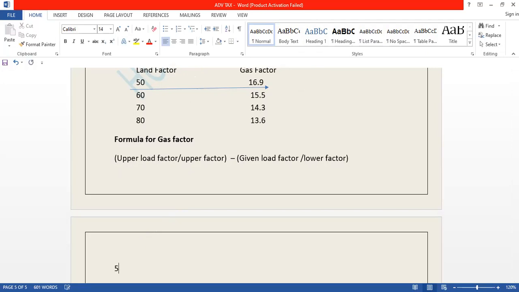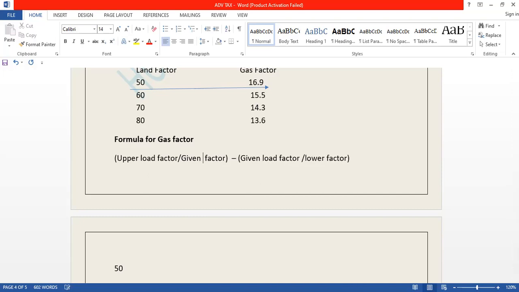So 50 here, then divided by upper factor. So what would that be? 16.9, which is the given upper factor, sorry. So what is the given factor?